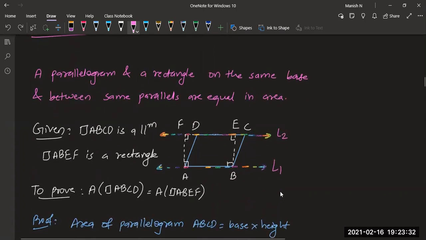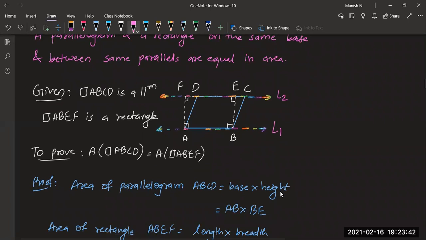So we'd say the area of a parallelogram is base into height. If you are considering ABCD, let's consider the base as AB and its height is BE. So the area of parallelogram ABCD is AB into BE. Similarly, the area of a rectangle is length into breadth, right? So for rectangle ABEF, its length is AB and its width is BE, right?